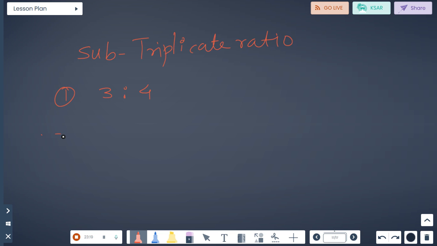Sub-triplicate means we have to find the cube root. Means cube root of 3 is to cube root of 4. This is the sub-triplicate of that ratio.